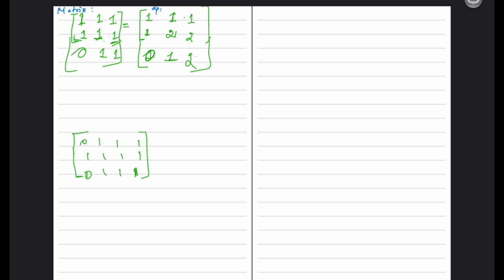By that we know the minimum, and if the corresponding matrix value of that i j is 1, we can add the minimum of these plus 1, which will give you the number of square submatrices. So at the end, we'll keep on adding all these values, which will give you the total number of square submatrices.